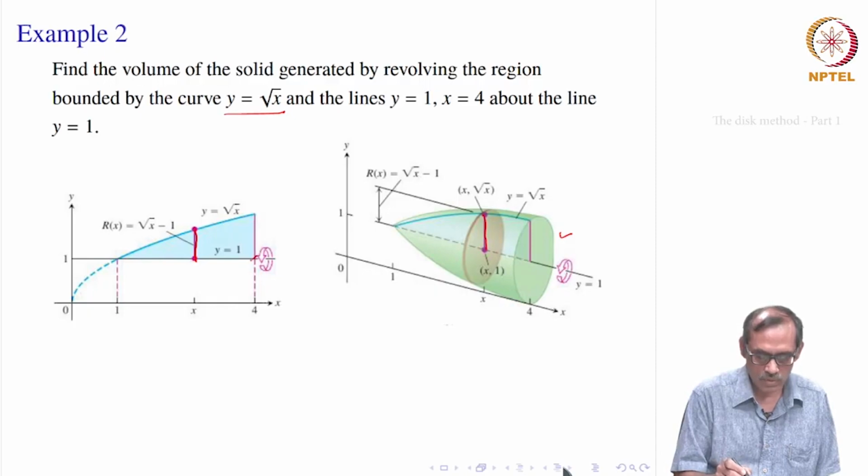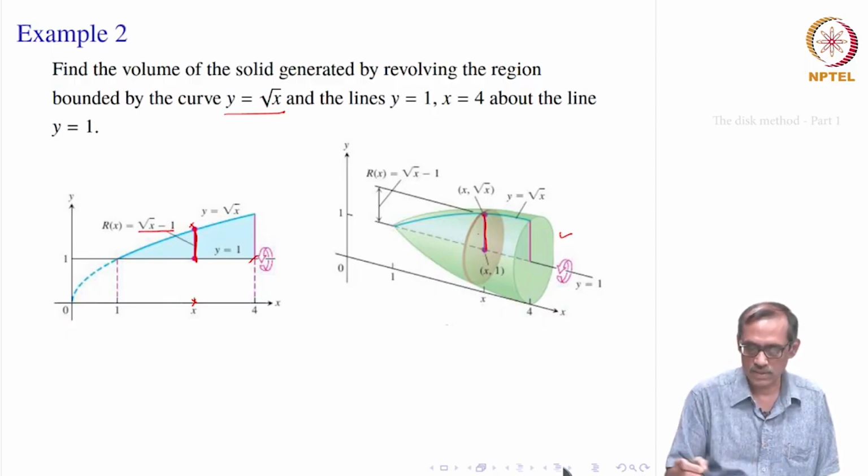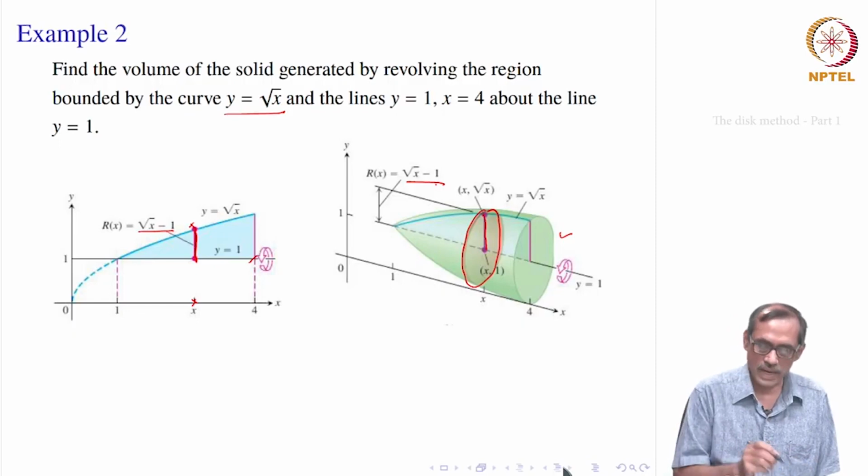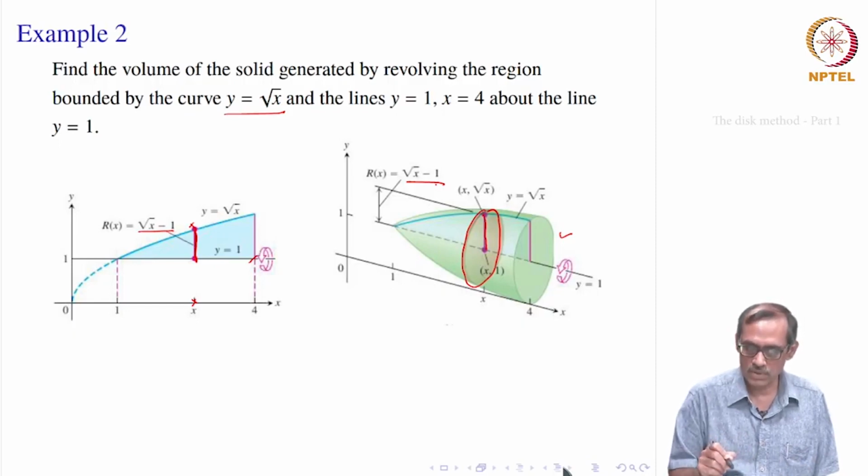Since this is y equal to 1 and this point is y equal to root x, the height of one is 1 and the other height is root x. So, it is root x minus 1, that is really the radius of that disc. The radius of this disc is root x minus 1. So, our A of x will be pi times root x minus 1 whole square.